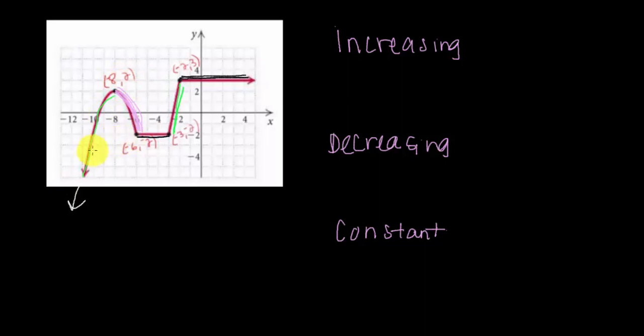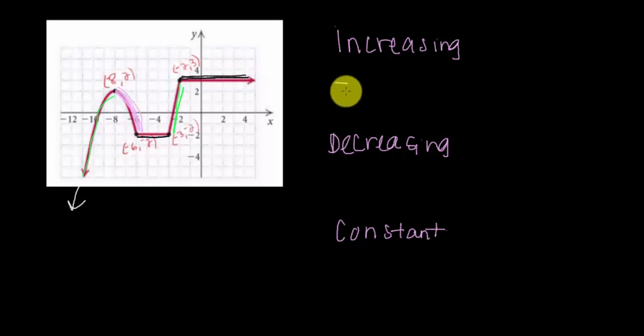So I want to explain, the y values are increasing as we go from left to right. So that is a place where our function is increasing, and I use my x-axis to notate this.